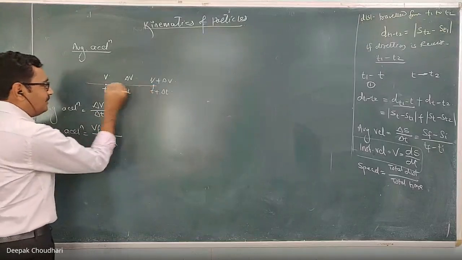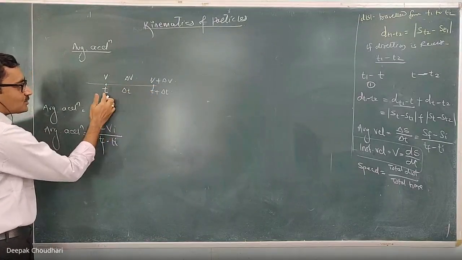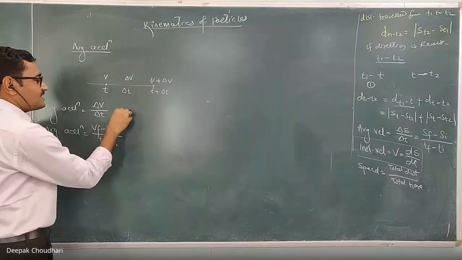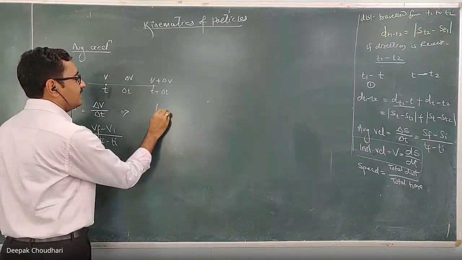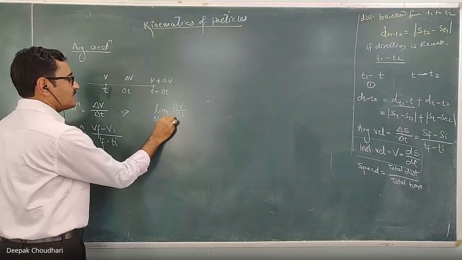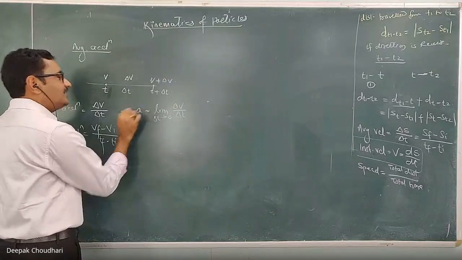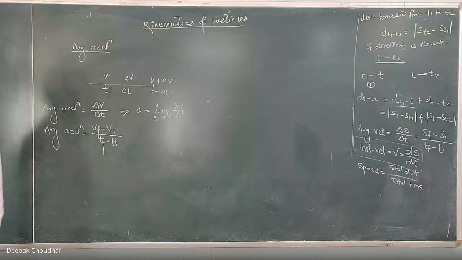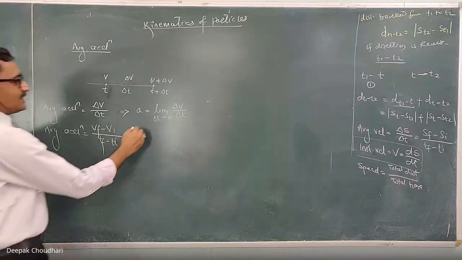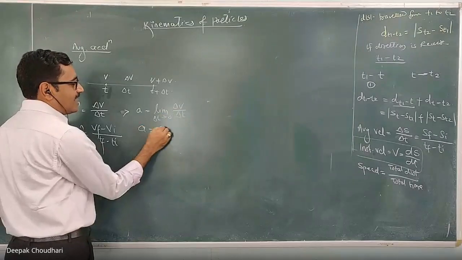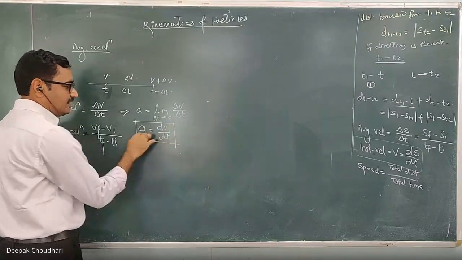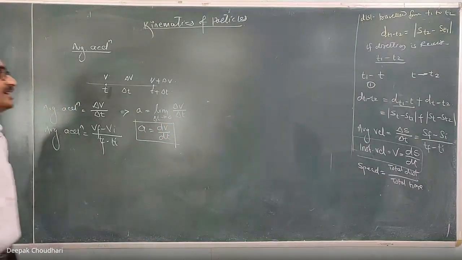When this time interval is very small and approaches 0, the two points coincide, and the average acceleration becomes the limit of delta v upon delta t as delta t approaches 0. This is known as the instantaneous acceleration, or simply the acceleration.